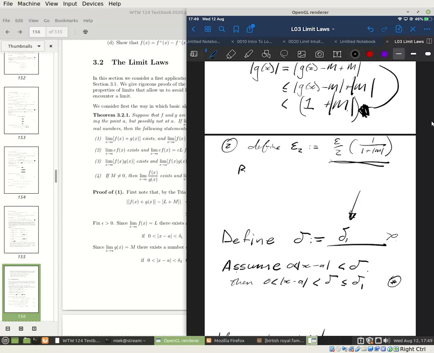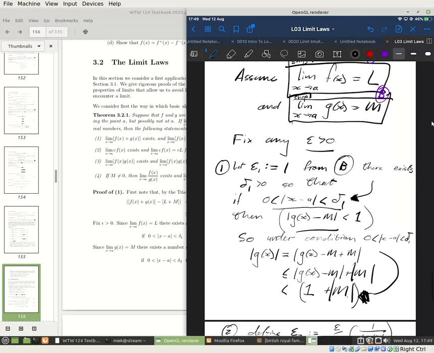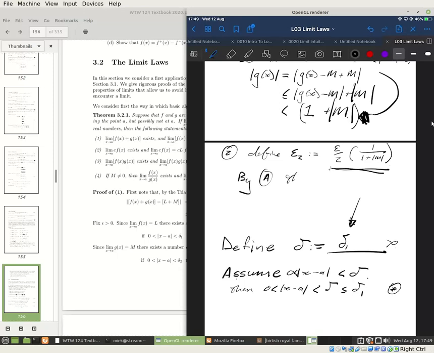So by A, there exists a delta 2, so that if 0 is less than absolute value of x minus a is less than delta 2, then absolute value of f of x minus L is less than epsilon 2, which is equal to epsilon over 2 multiplied with 1 over 1 plus absolute value of m.